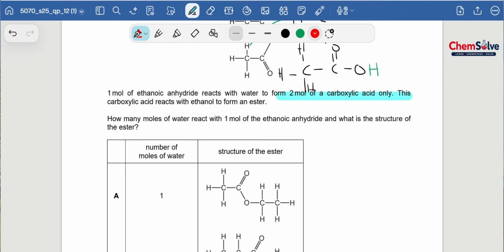The carboxylic acid I used is H C H, H C double bond O OH, and I have to react it with ethanol.